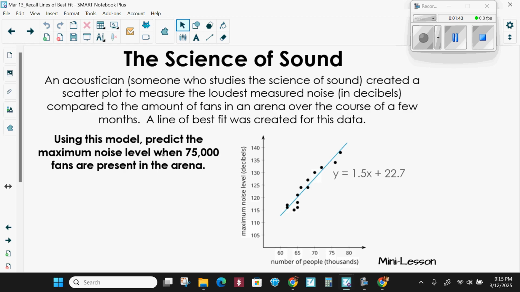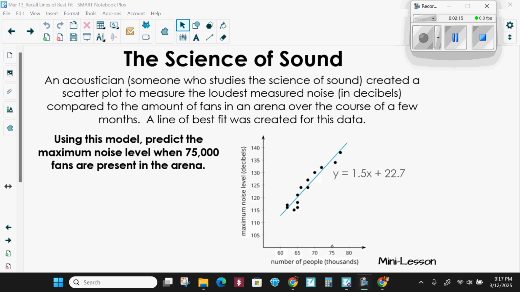Predict the maximum noise level when 75,000 fans are present in the arena. So now what we're going to do is use our equation to predict the level. It's 75,000, and it says the number of people in thousands, so we're just going to put in 75 into the x.